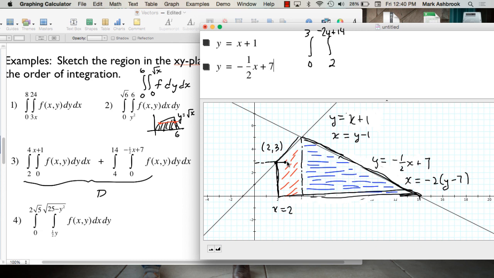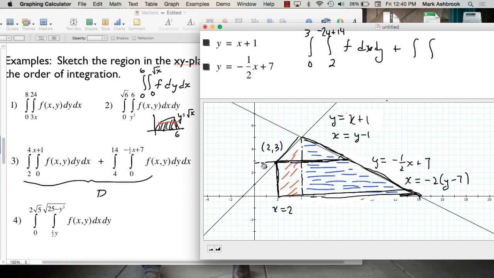So now here's where we have to split this. So we go from 2 to negative 2y plus 14 as y goes from 0 to 3, and that's dx dy.